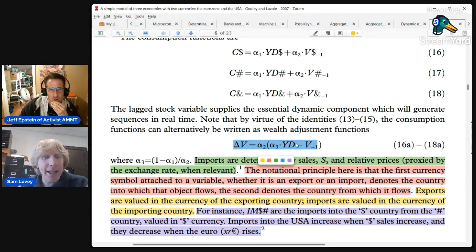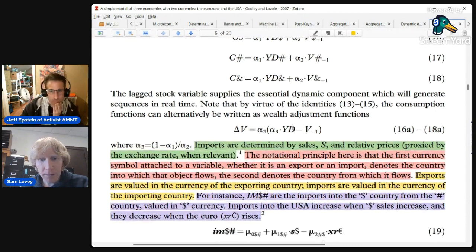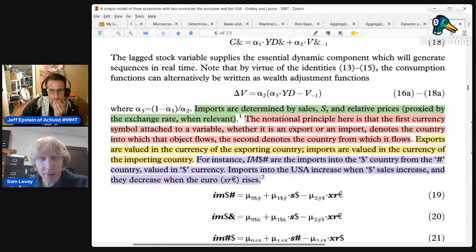You have some amount of money you'd like to have in the bank that's based on your income, and you try to save until you get there. And if you have more than that, then you're like, I've got too much money, maybe I'll go buy a guitar or something. Okay. All right. That's very helpful. Yeah. So that's what's going on there.